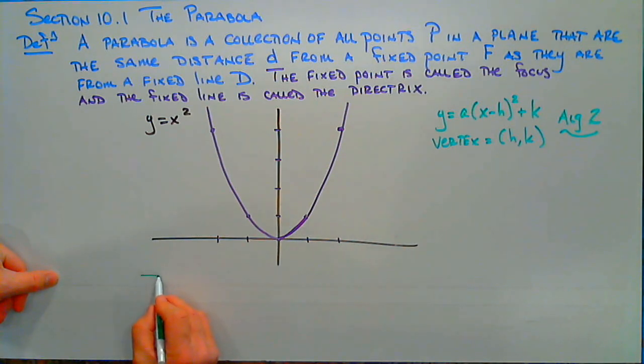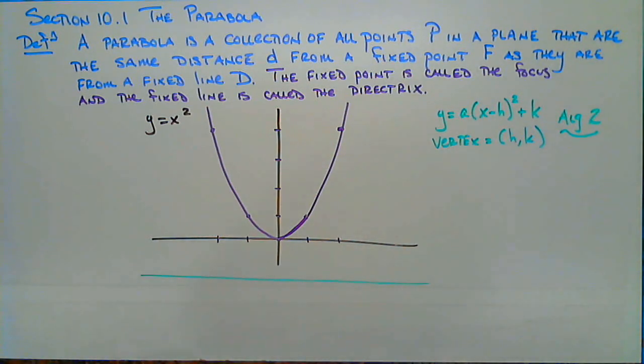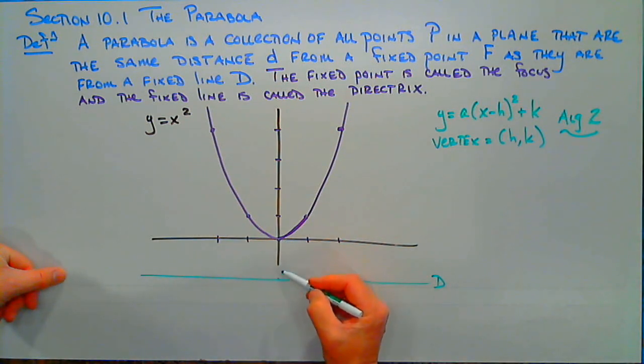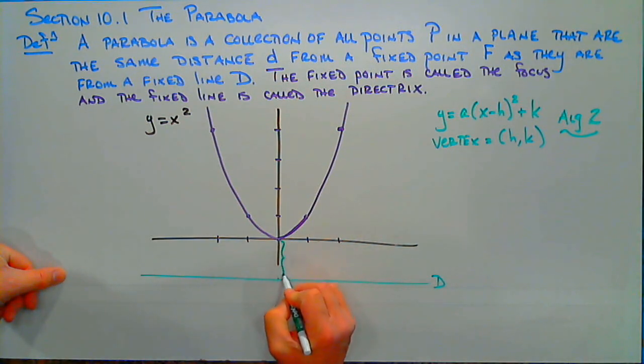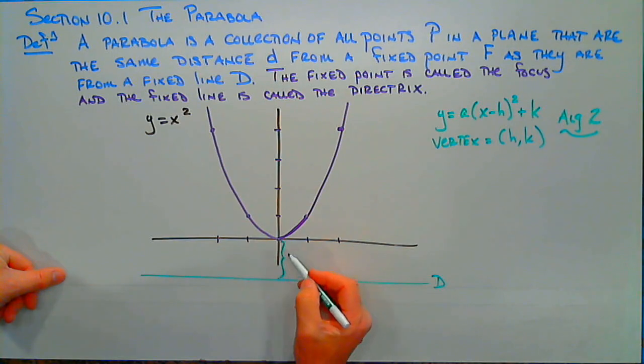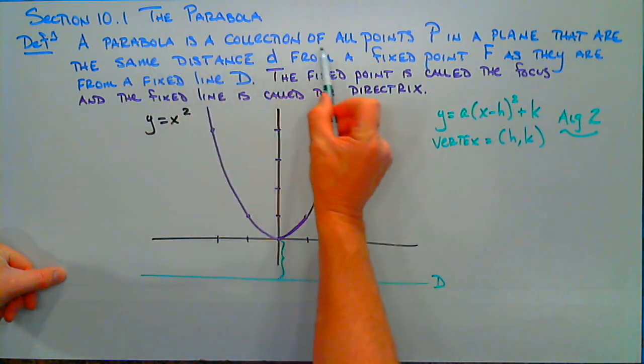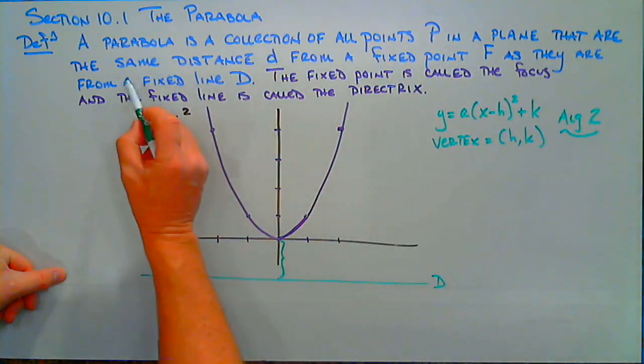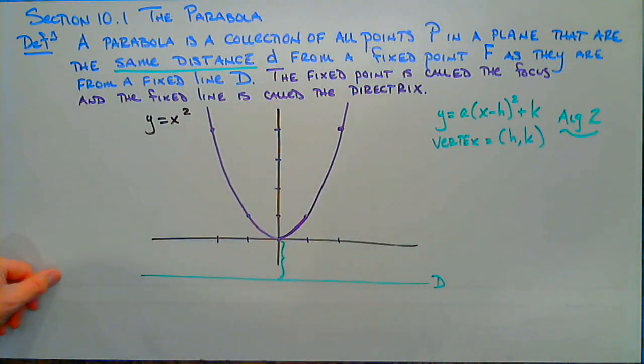We'll just draw a line. Here's a line. We'll just say there's our line D. That's the directrix. And we'll pick this distance. We'll start with the vertex. It says a parabola is a collection of all points in a plane that are the same distance.